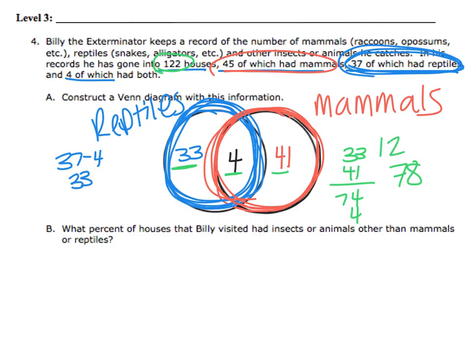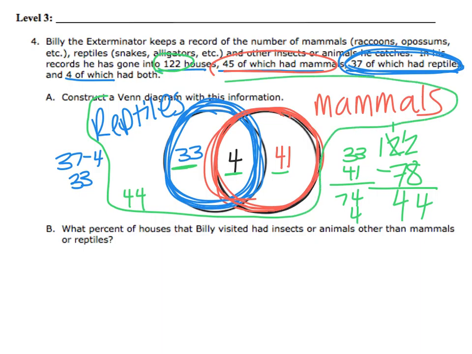So if there's 122 houses that he went to, and 78 he found something at, or he found multiple things at, if I subtract these, that means 44 of these houses didn't have anything. The way we represent that is we put a 44 on the outside of the Venn diagram, and you just make a circle around it. It just represents that 44 didn't fit into either of those categories.